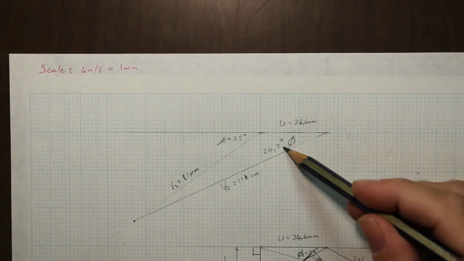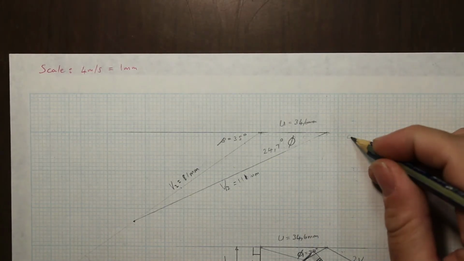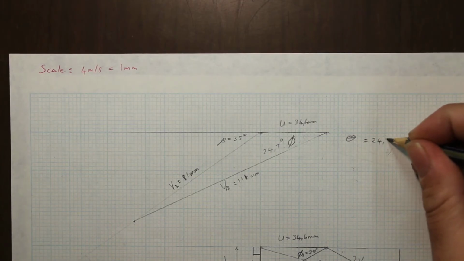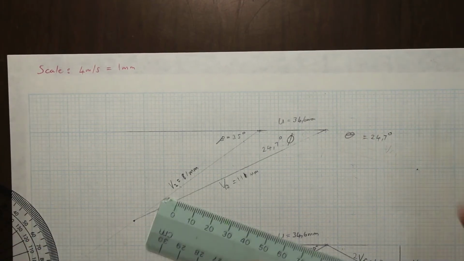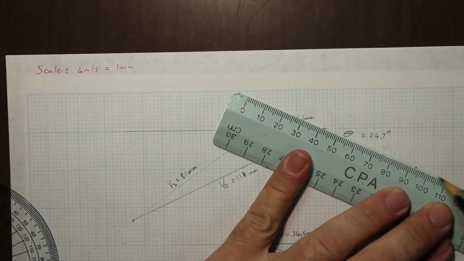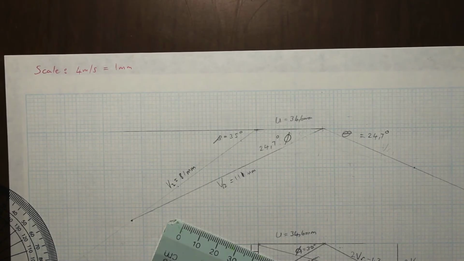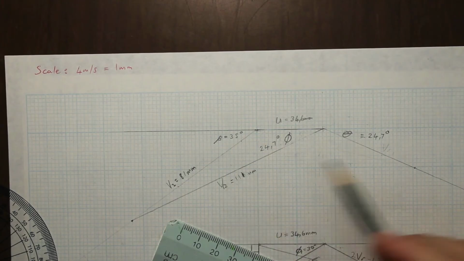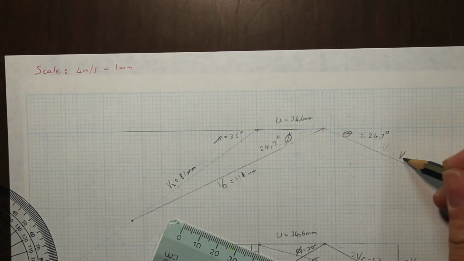If I know this angle, I also know what theta is, which is also 24.7 degrees. So I measure that off and make a line. Now I need to know how long that line is going to be. This line is relative velocity 1.